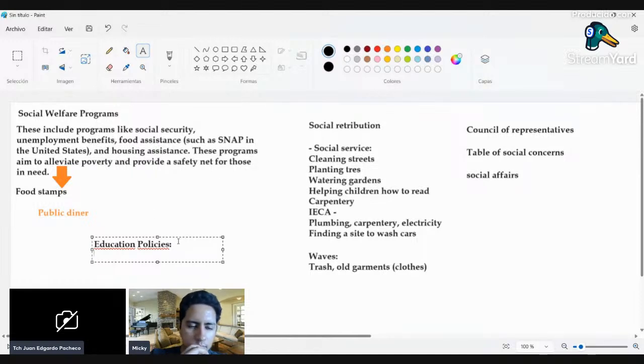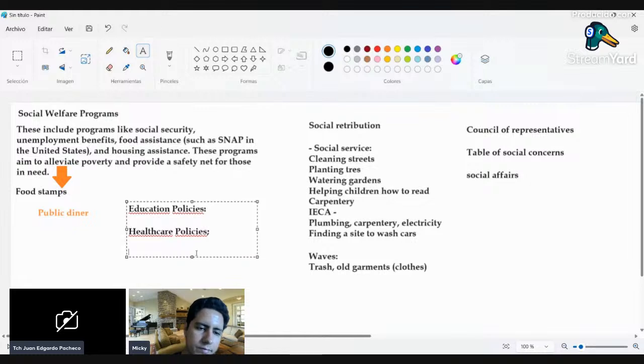What else do you consider is important of social relevance, Mickey? Well, probably the security policies. Security, absolutely. Security policies.